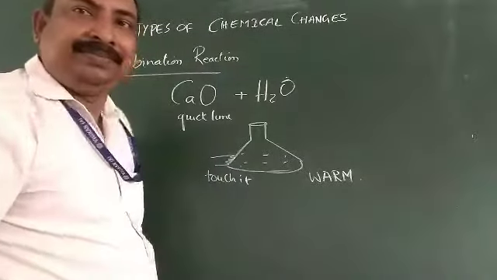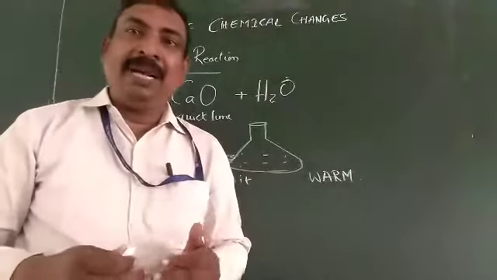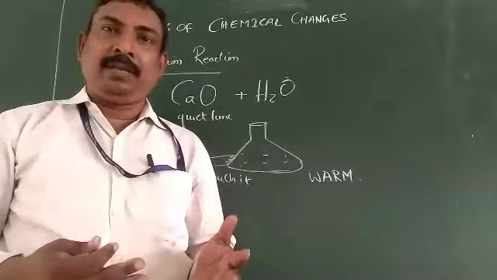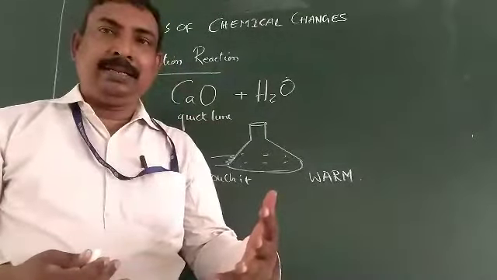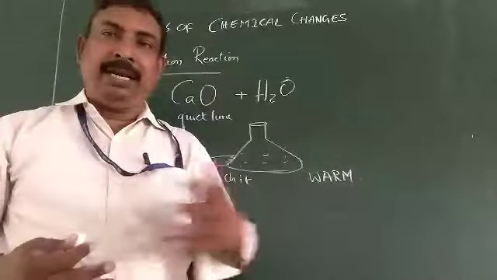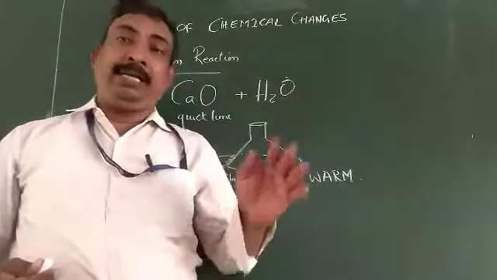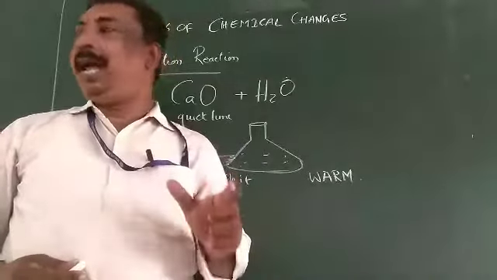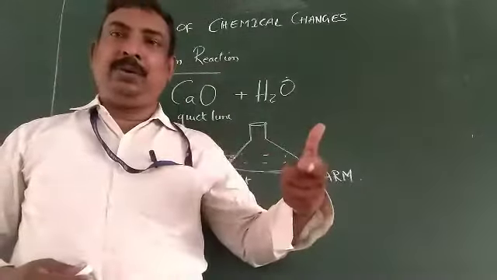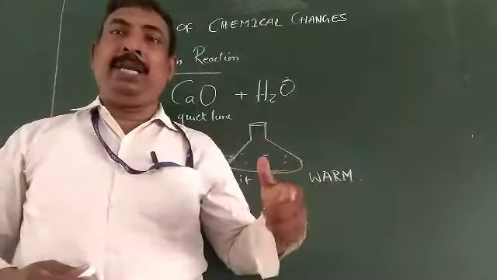Why? Yes, it means some energy is released. So whenever energy is released during a chemical reaction, such chemical reactions we will call exothermic chemical reaction. Exo, out, releases out. Thermal, heat. Exothermic means releases heat out.